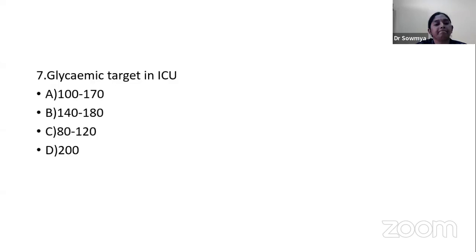That's very, very important, because a lot of times this mistake has happened at the nursing level or even at the doctors' level, where they have taken a 100 units per ml syringe for 40 units per ml insulin, or a 40 units per ml syringe for a 100 units per ml insulin. Then you tend to take a much higher dose of insulin, so you'll be giving the patient a higher dose than what the patient actually should be getting. Then the patient has a high chance of going into hypoglycemia.